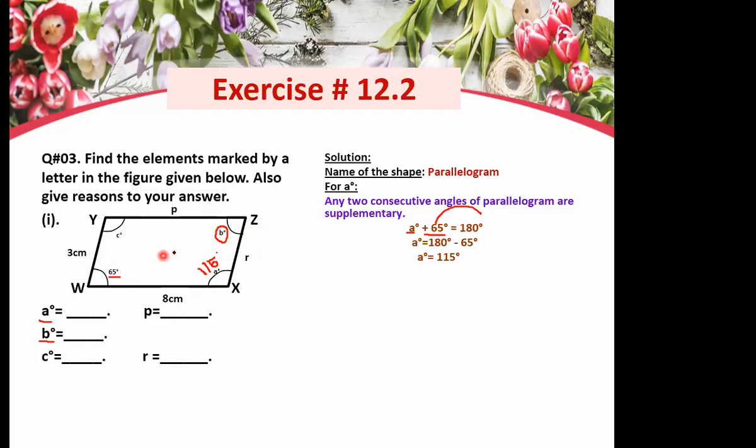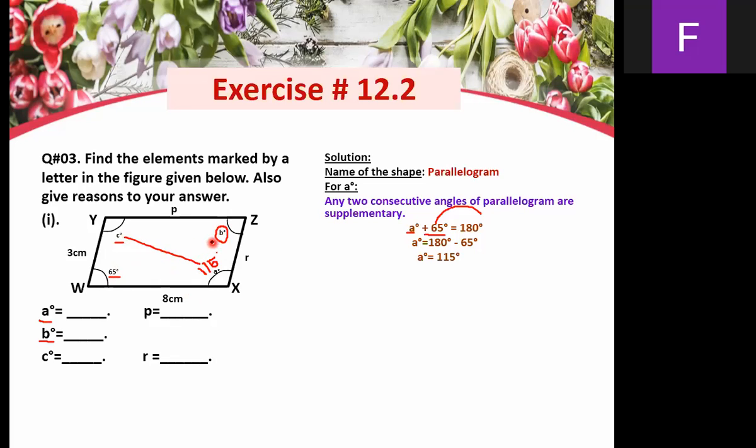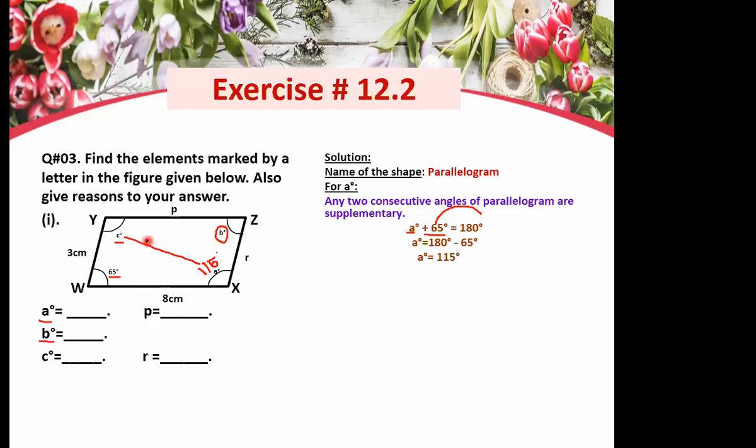Similarly, if we talk about this c, the opposite angle of this c will be this 115, or you can say the angle a. So if the measurement of the opposite angle is 65, then b will also be equal to 65. Why? Because opposite angles of a parallelogram are congruent, right? Similarly, c will be equal to 115.